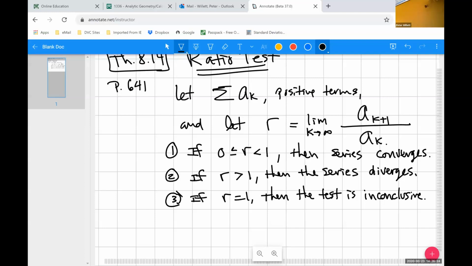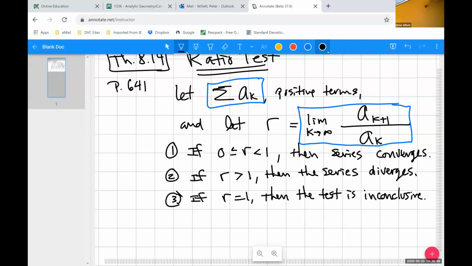So basically the way the ratio test works is we are looking at some series and we say, I'm trying to figure out if this converges or diverges. So I construct this limit of the ratio of successive terms. And then if I get a number when I take that limit that's less than 1, I'm able to conclude that the series converges. I don't know what it converges to.